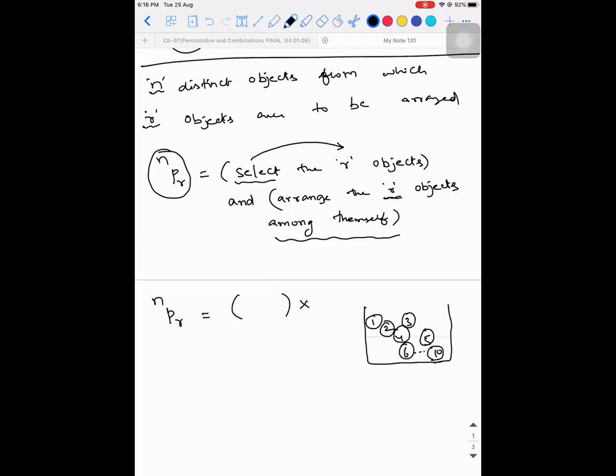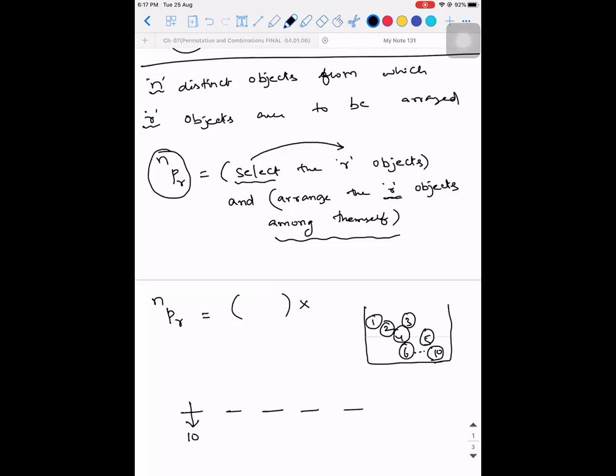Now I'm giving you a task. From that box of 10 different balls, you take 5 balls and arrange them. So how many blank spaces will you have? 1, 2, 3, 4, 5, right? 5, sir.